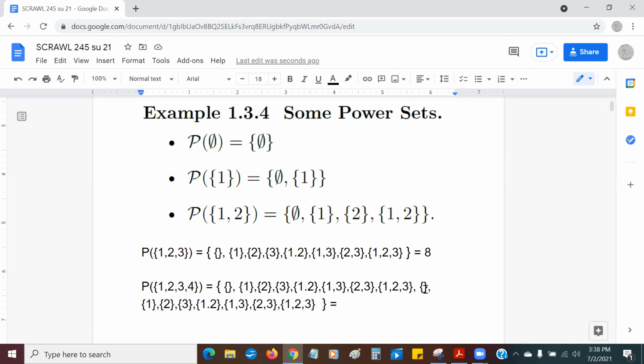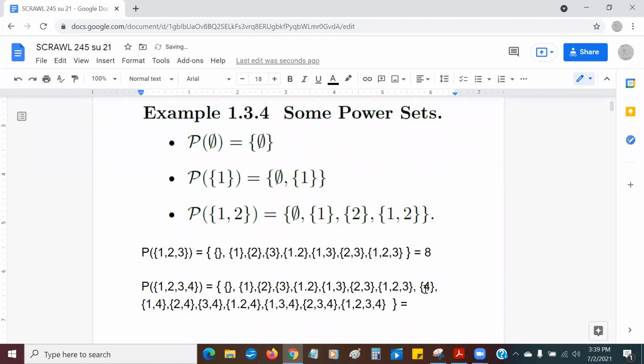So I'm putting a 4 in there, and a 4 in there, and a 4 in there, and another 4, and another 4.